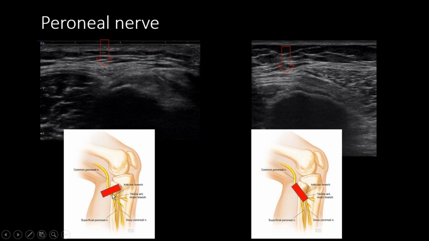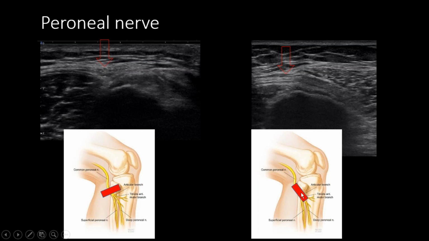So to scan this nerve in short axis, you keep the probe transversely across the neck of the fibula, and you see the nerve as a hyperechoic structure because it's traveling between the fascial bands. Here it appears more flattened compared to other areas, like the median nerve, which is not flattened by any fascial bands. So that's how the peroneal nerve appears in short axis view or transverse view.